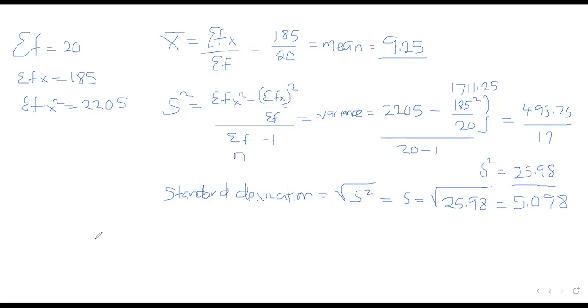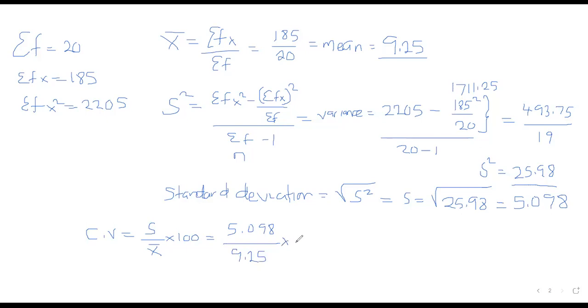Our CV, the coefficient of variation, is simply standard deviation over the mean times 100. What is our standard deviation? 5.098. And what is our mean? 9.25.